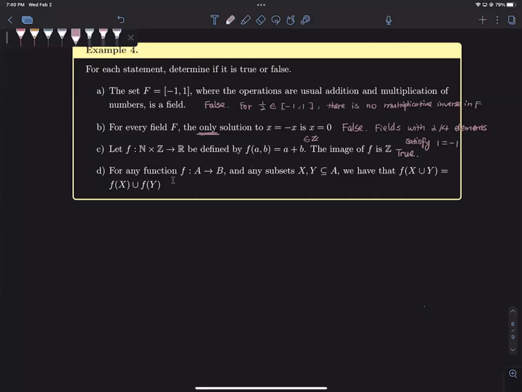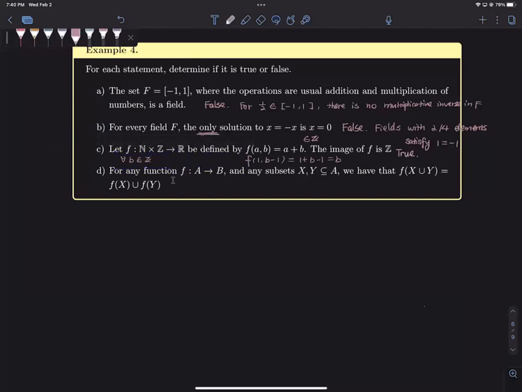So let's do f of 1 and b minus 1. How's that? Which equals 1 plus b minus 1 equals b, for all b in the integers. Let's just write it like this.